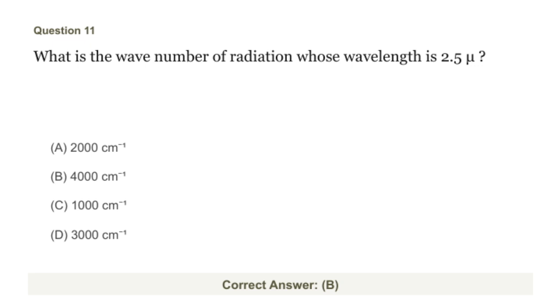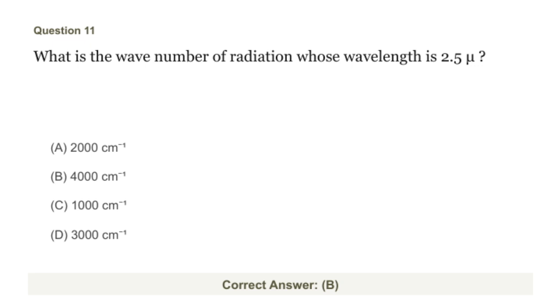Since wavelengths are given in micrometers, we convert 2.5 micrometers to centimeters, which is 2.5 times 10 to the minus 4 centimeters. When we do the math, dividing 1 by that value, we get approximately 4,000 centimeters inverse, or 4,000 cm⁻¹. And as we see on the slide, the correct answer is option B, 4,000 cm⁻¹.